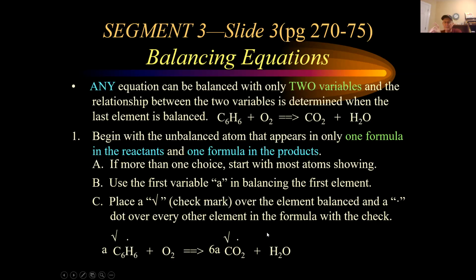Now, this is where to start. What to do next has to do with the dotted elements. Remember back here, we had two choices. We could do the carbon or hydrogen. Well, I could balance hydrogen next, and it happens to be one of the dotted ones. So that's okay.